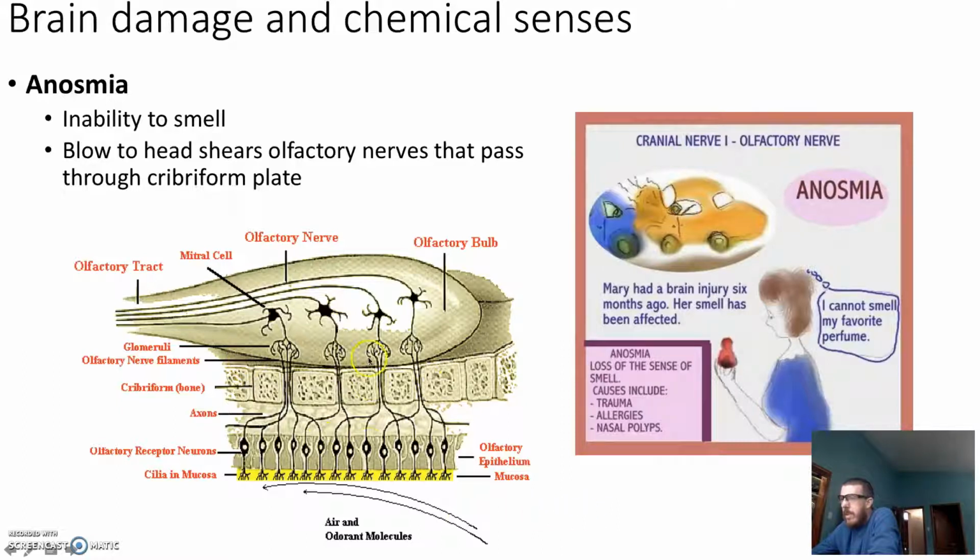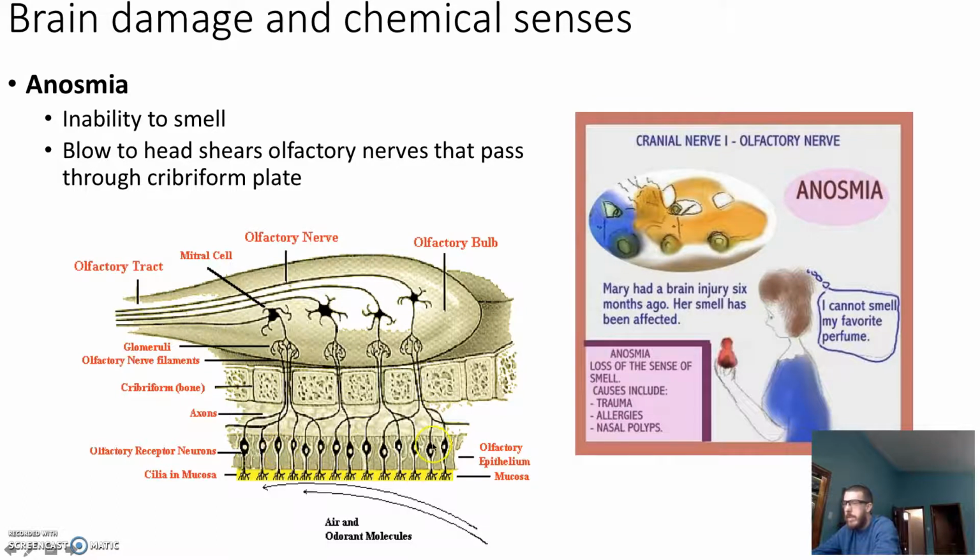And so you lose all the incoming smell information from all these cells. And so without all these axons, which are receiving all the smell information, you can lose your ability to smell anything. These cells would still be active, but they wouldn't stimulate the olfactory bulb in the same way.